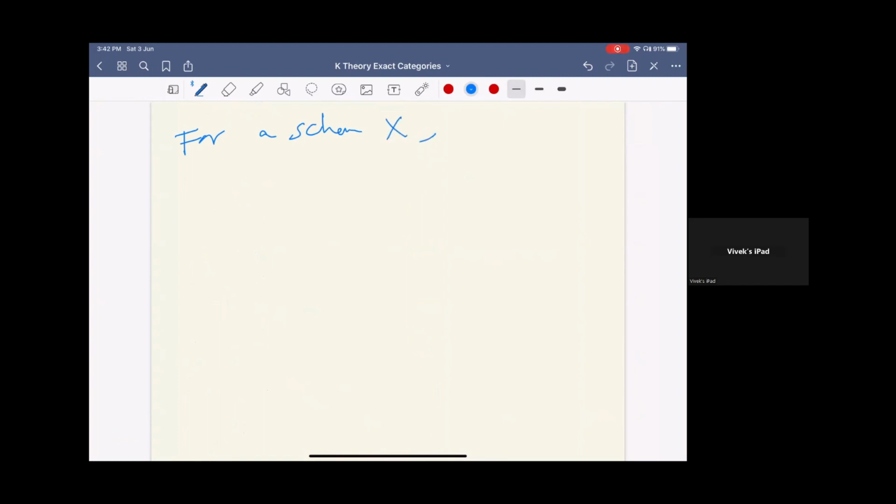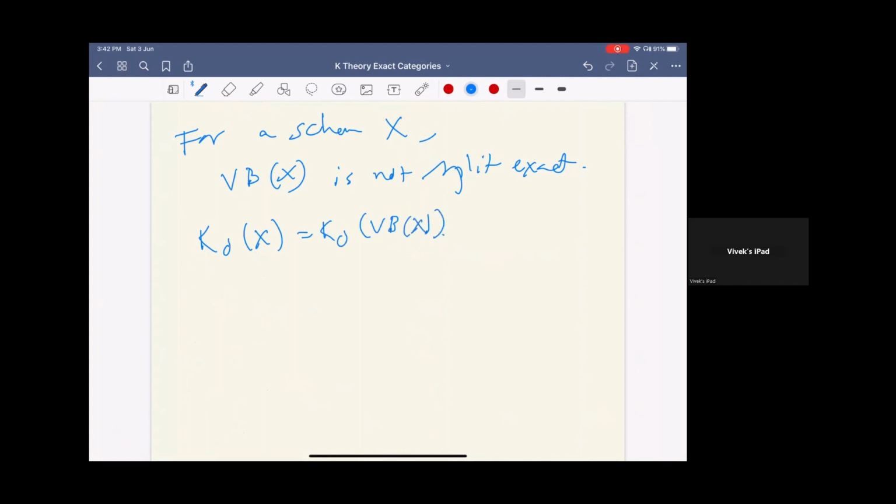For any scheme X, VBX, the category of vector bundles, is not split. Then K0 of X is defined as K0 of VBX. And the category of vector bundles over a scheme X is always an exact category with the same reason, because it sits inside the category of OX modules.